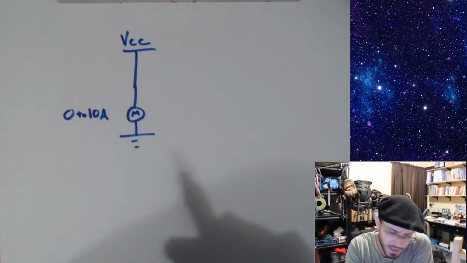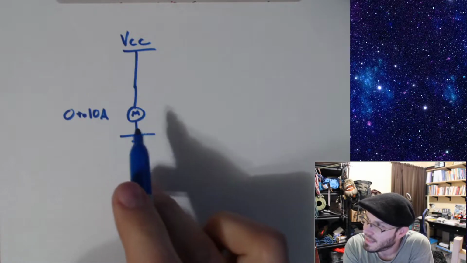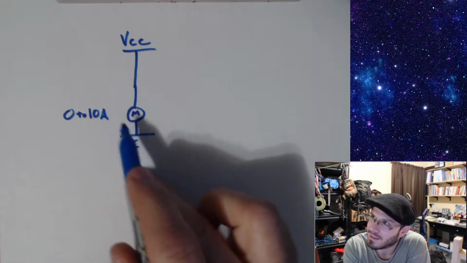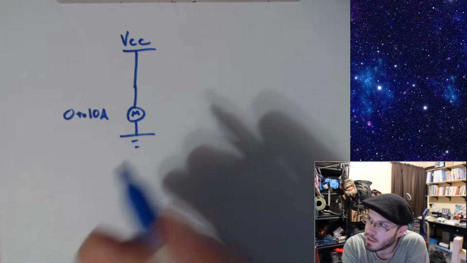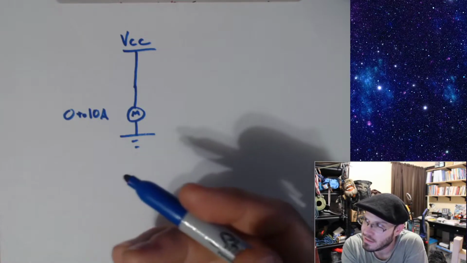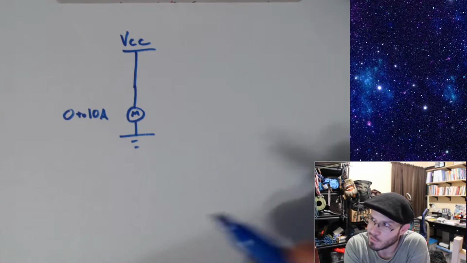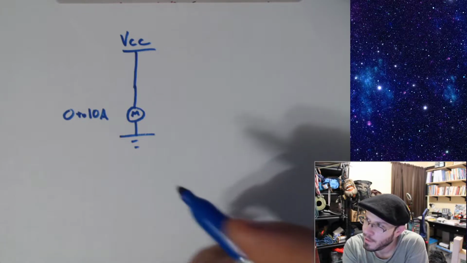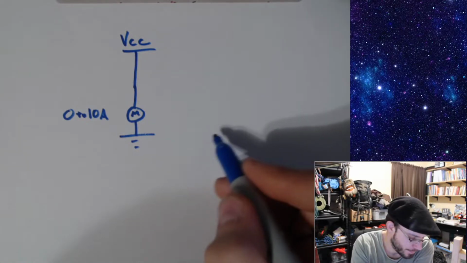Now, one thing about motors is that the amount of current that they use, the way the motor appears as a load, that load changes, and it depends on how much torque it's having to put out. So, for my example, I'm going to go ahead and use an escalator.